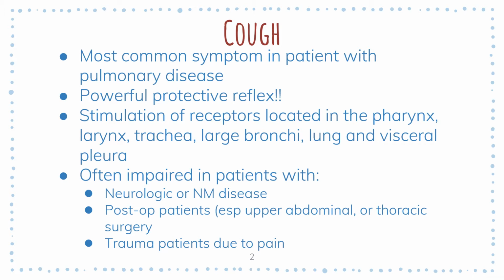They're not able to clear their secretions as well. So like different weaknesses from, let's just say Guillain-Barré, muscular dystrophy, any type of spinal cord injury, neurologic, like a stroke patient. So these types of patients are at risk for aspiration. They maybe have lost their ability to protect their airway.